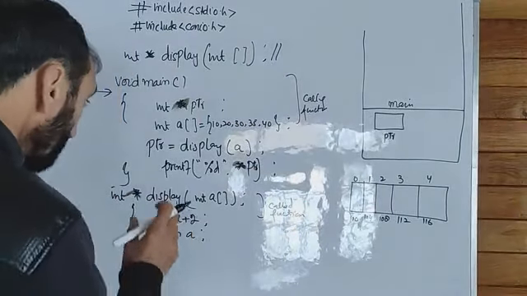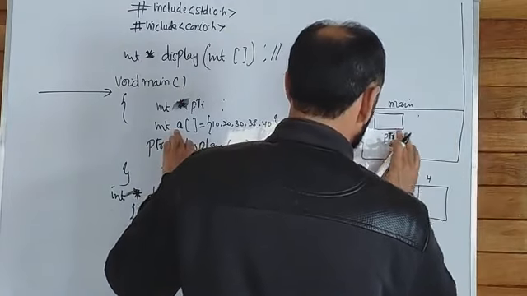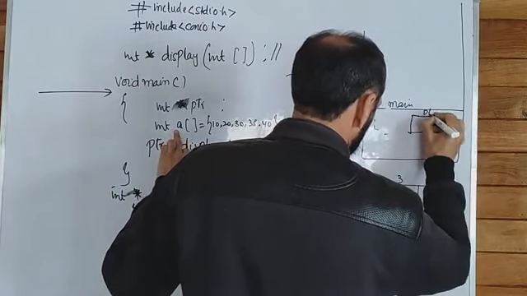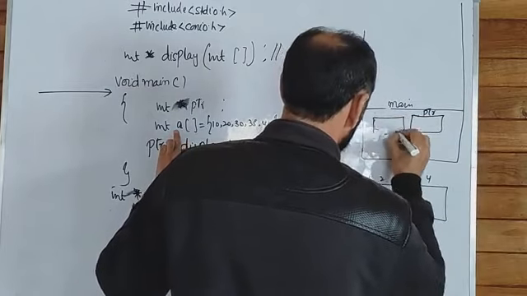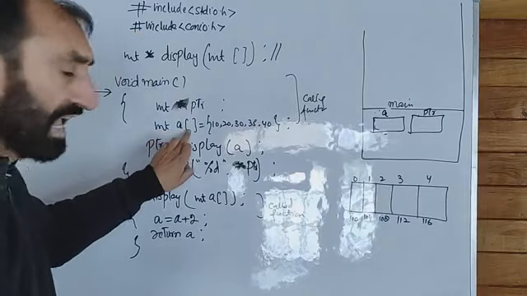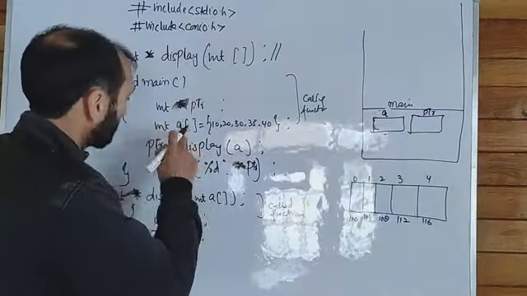Here this a is also a variable. This a has also been declared. You can see the variable a, but what does it contain?